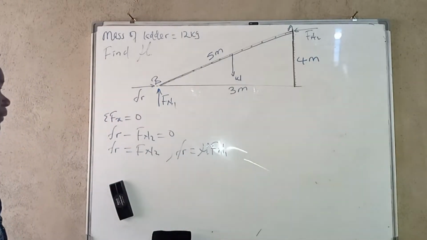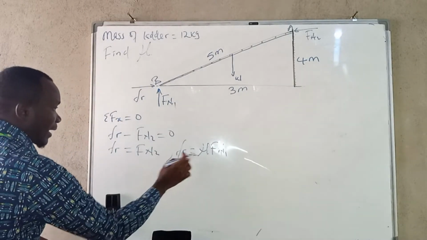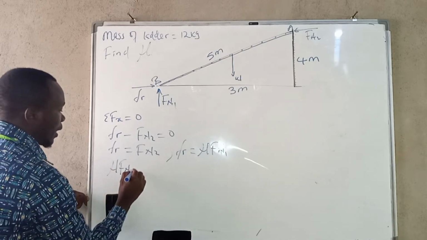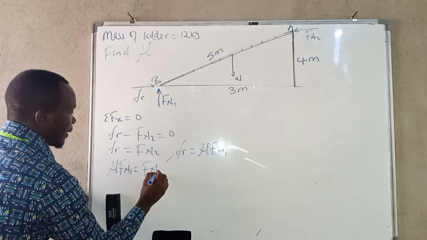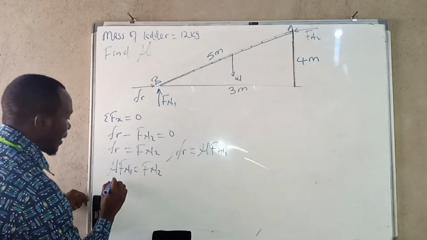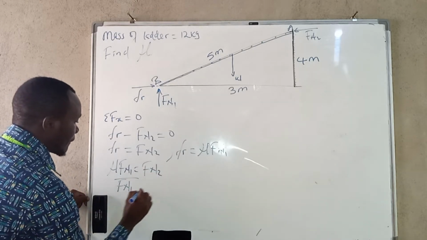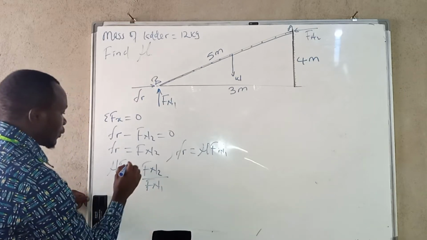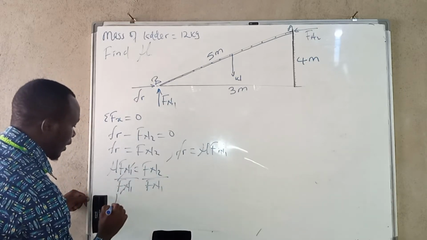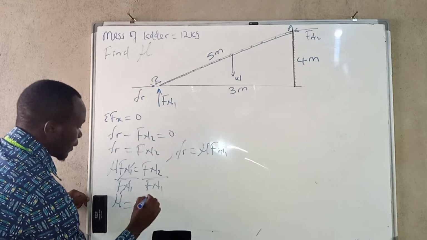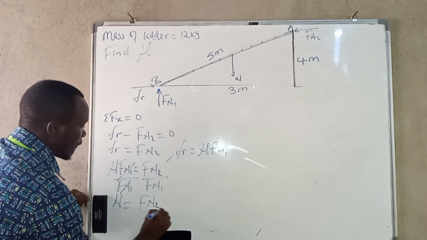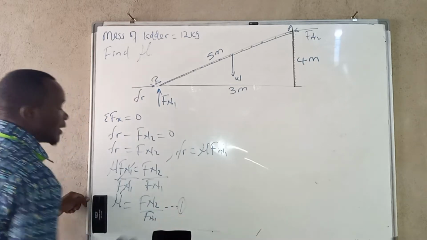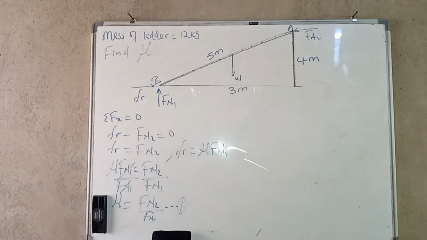If we replace Fr by this, we have mu Fn1 equals Fn2. Dividing throughout by Fn1, in order to remain with mu only, this cancels, and we have mu equal to Fn2 over Fn1. Let us call this equation number 1.